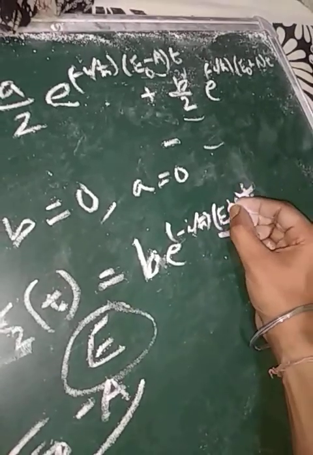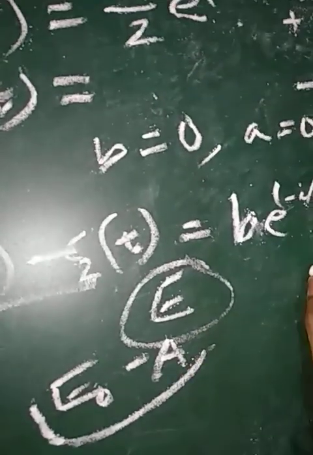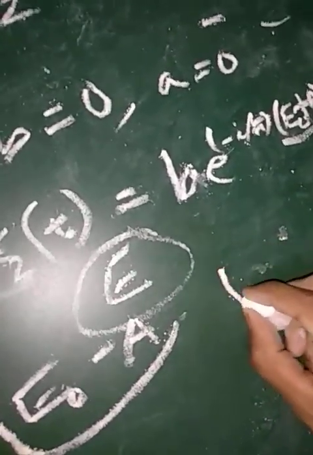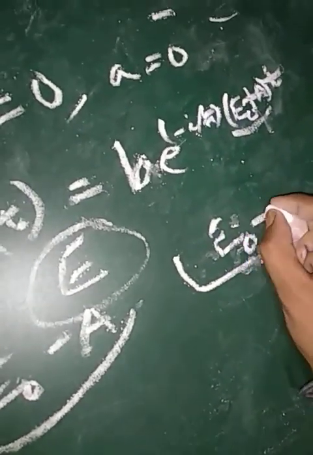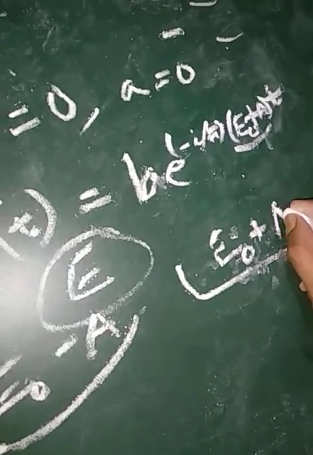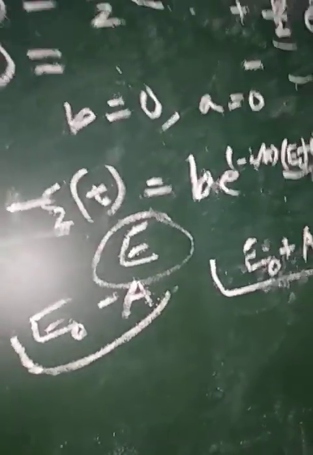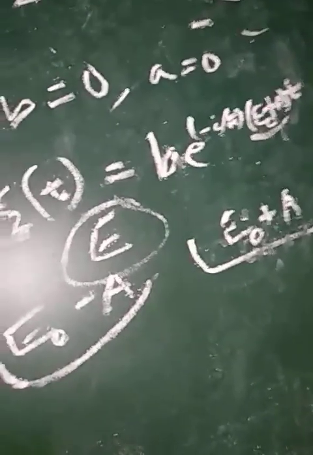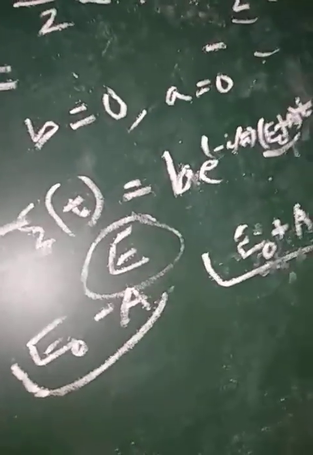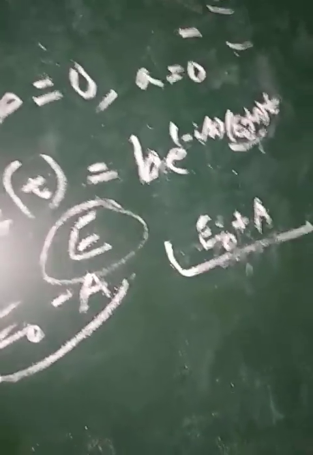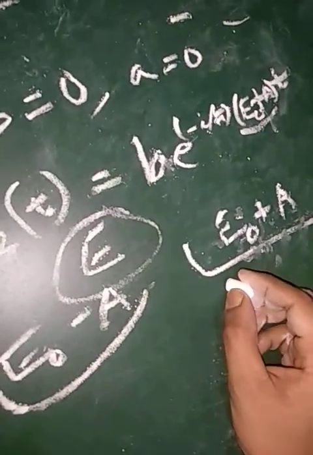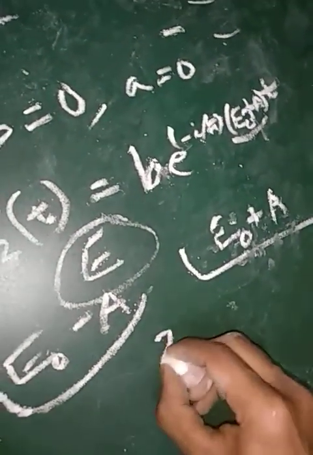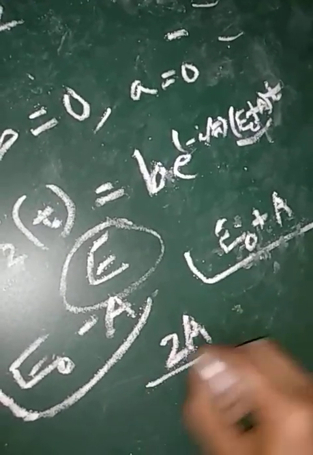So then there will be another energy, and this will be given by E naught plus A. So if flip-flop occurs, then we can estimate two separate states which are separated by an energy of 2A, isn't it?